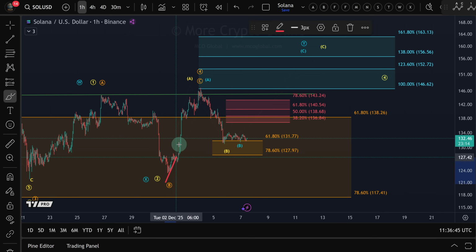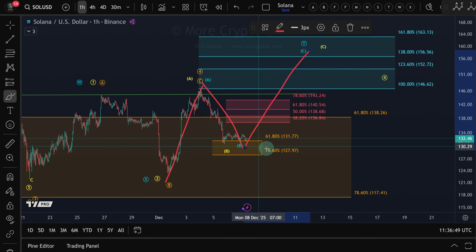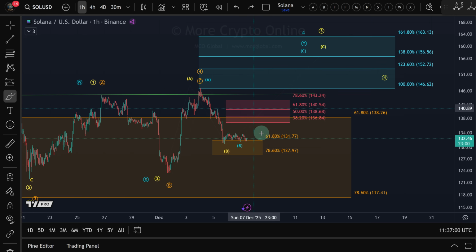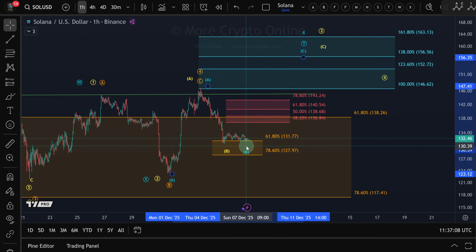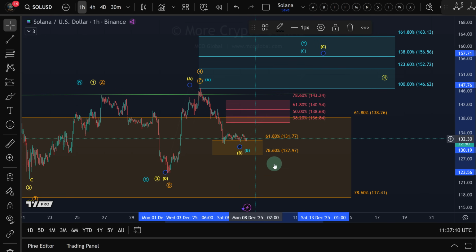In this scenario, we have a larger A, B, C structure. And from the B wave support area, we could start a bounce in wave C, but I don't see any evidence for the C wave yet. There is no evidence. I haven't seen any bounce. This looks like a small mini bear flag even, so we might even get one more low, but then it starts to look more like 5 down, which would again open the door more towards further downside. But this is a zone that's relevant.